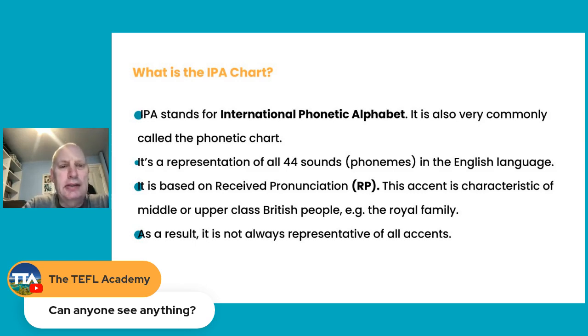And kind of interesting to see as well. There are different representations of them based on frequency, vowel sound length, etc. It is based on received pronunciation, which is the characteristic of middle upper class British people. I'm not sure that I'm that, and I'm certainly not the royal family, but yes, I guess I would say that I have received pronunciation of a sort.